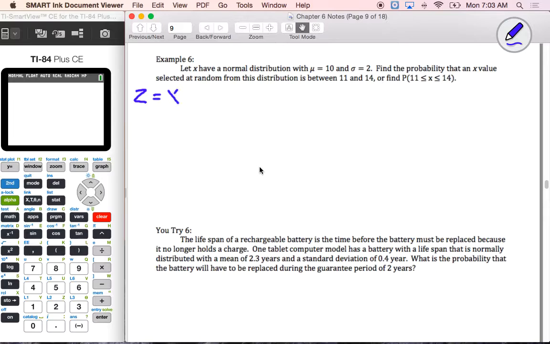So remember, x minus mu over sigma. So we're taking 11 minus 10 over 2. We should get 0.50 then.